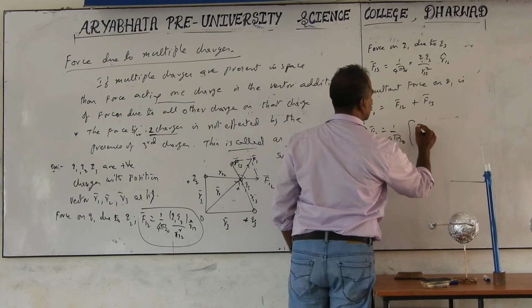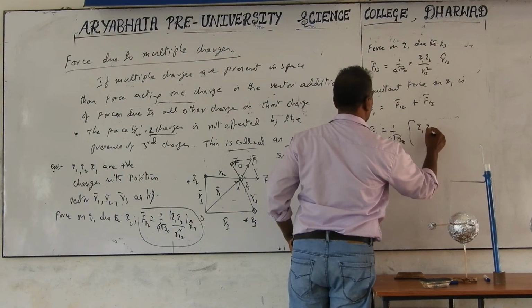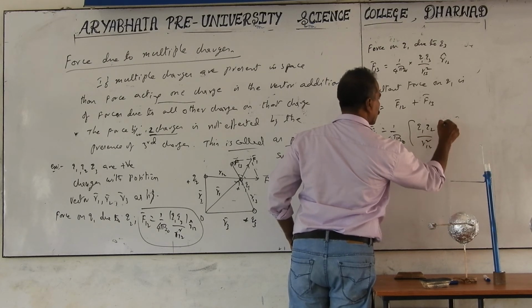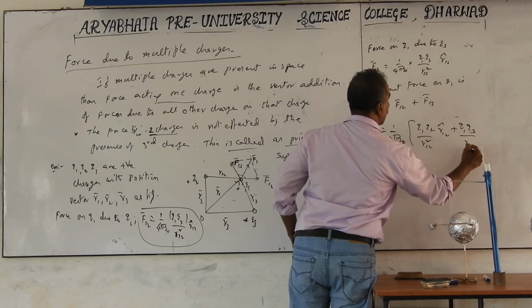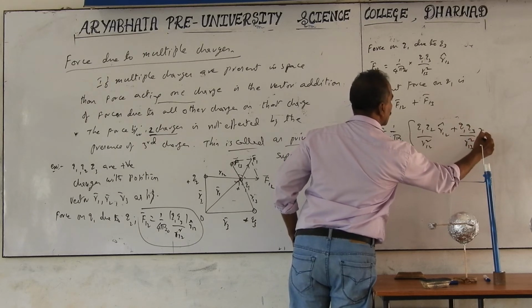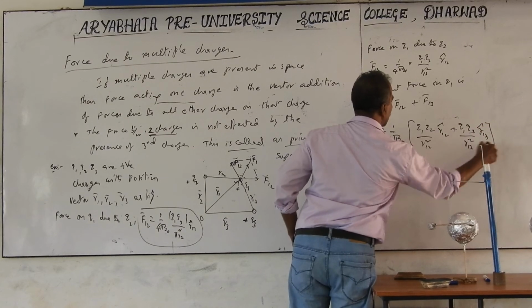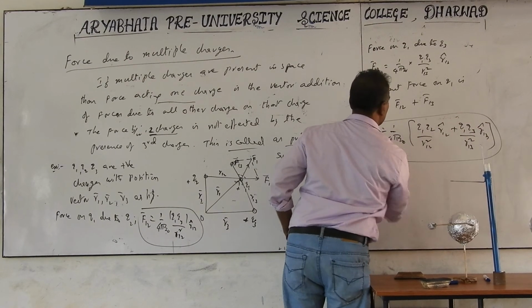In the bracket we can write Q1 Q2 by R12 squared into R12 cap, plus Q1 Q3 by R13 squared into R13 cap. This is the formula for the force in vector form.